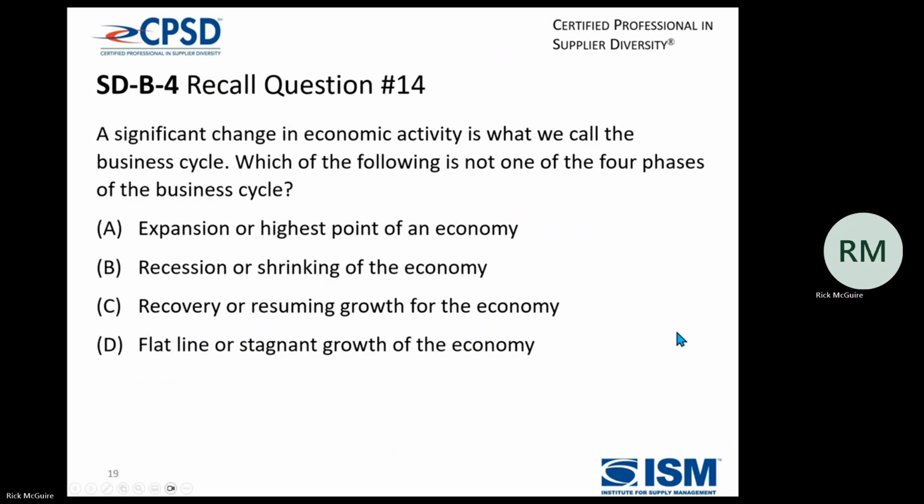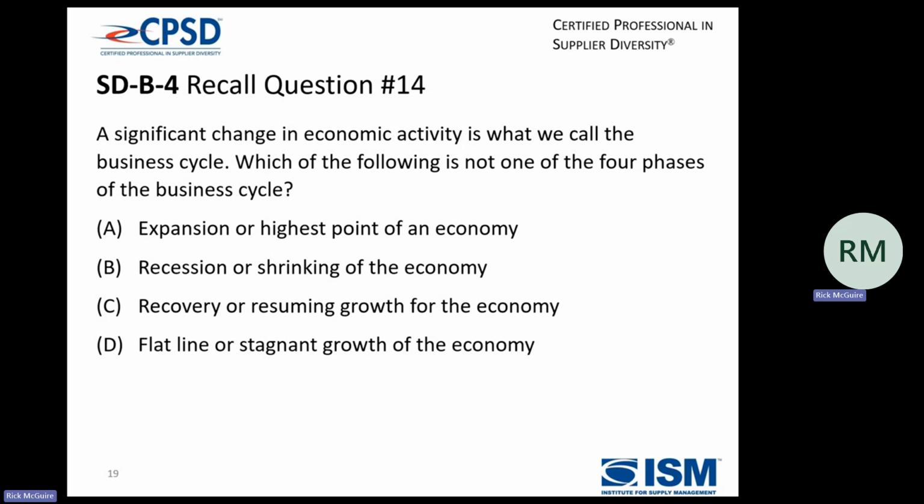Here, significant change in economic activity is what we call the business cycle. Which of the following is not one of the four phases of the business cycle? Expansion or highest point of the economy? That sounds like one. Recession or shrinking of the economy? That sounds like one. Recovery or resuming growth for the economy? That sounds like one.